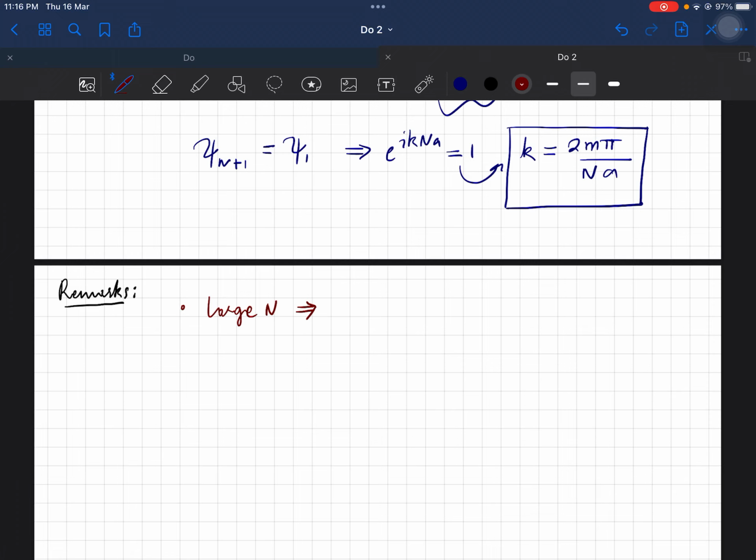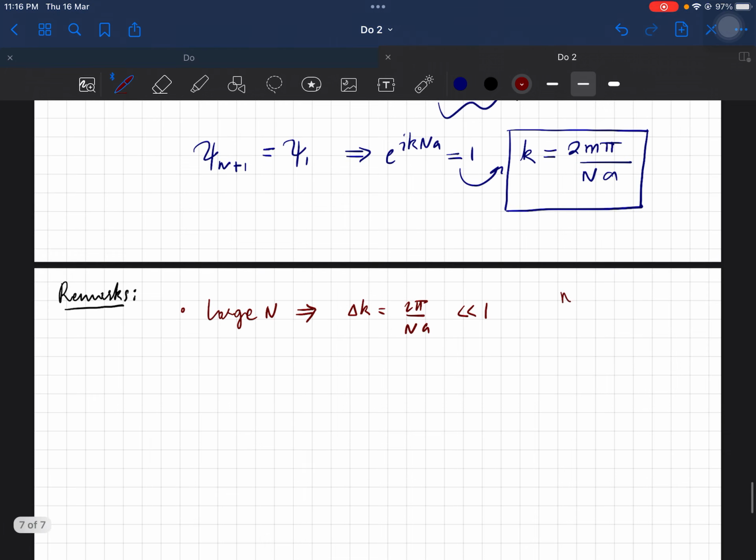What do I mean by that? It implies that delta k, which is 2 pi by Na, is less than 1. I don't know how true this is, but N is like the periodicity of the lattice.